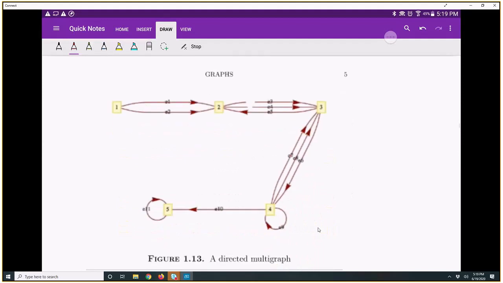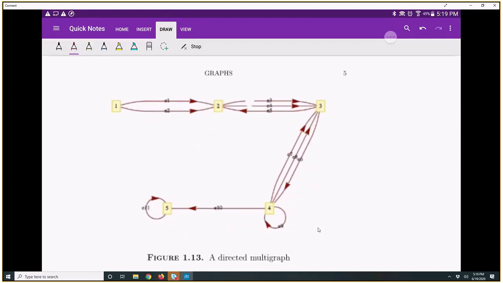Here's an example of a multigraph, as in figure 1.13. You can see that if I just said the edge connecting 1 to 2, or initiating at 1 and terminating at 2, it wouldn't be clear which edge I'm talking about. Just like if I said take the road from city 1 to city 2, you might not know which road I was talking about. So we'd give the edges names in this case.